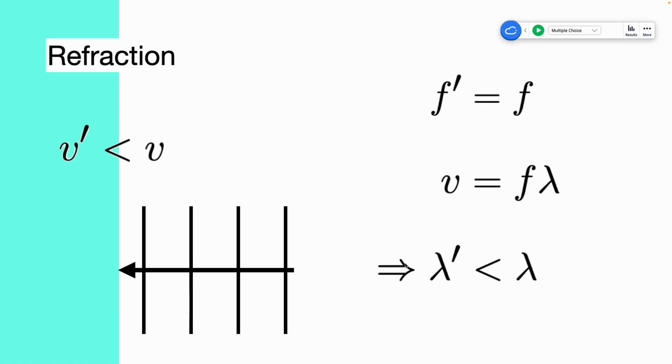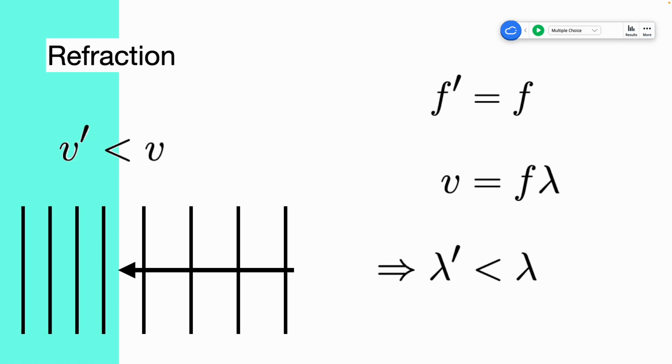So we learned that the incident wave and the transmitted wave should have the same frequency, because if I hit the surface 3 times per second, then the wave should be generated 3 times per second. So the frequency must be the same. But the speed of a wave is v equals f lambda. So if the frequency is the same, but the speed of light should be slower in the glass, it means that the wavelength of the light in the glass must be shorter.